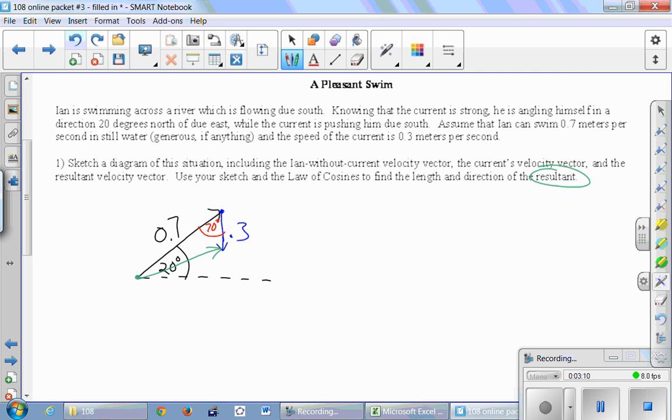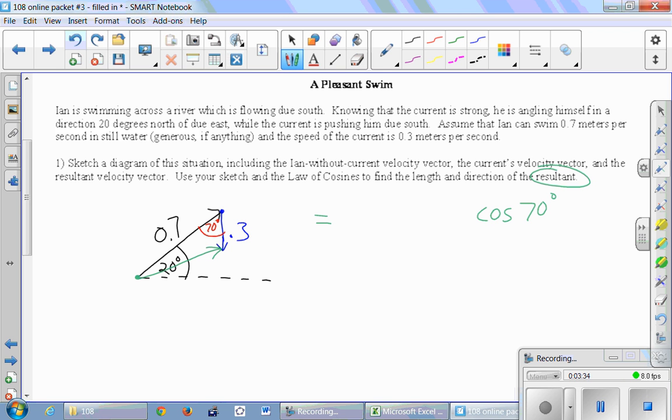And so now we'll look at the triangle that we're given, and we have a side, and we have an angle, and we have a side. And what we don't have is an angle-side opposite pair, so that means use the law of cosines. So let's see, we know that we're going to end with a cosine of, we'll put this in green because that's what we're finding, a cosine of 70 degrees.